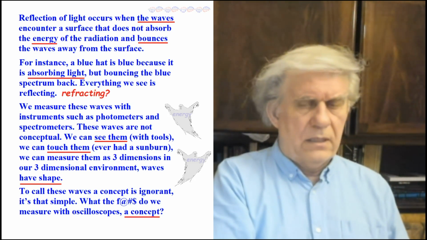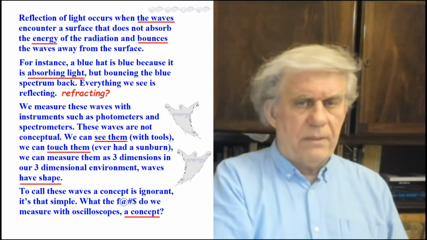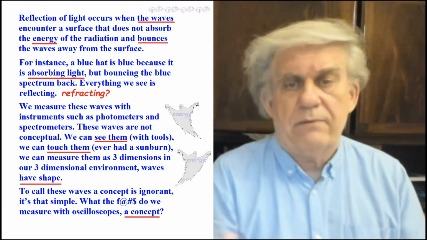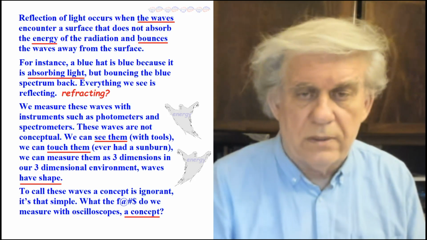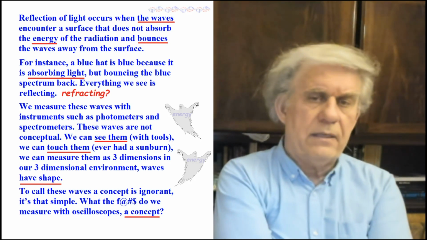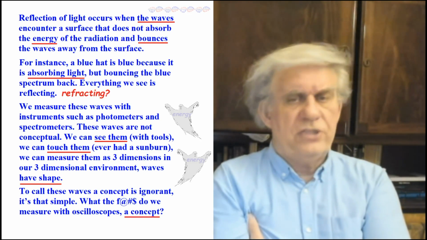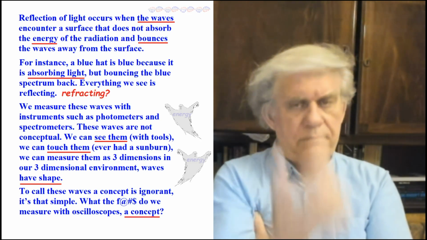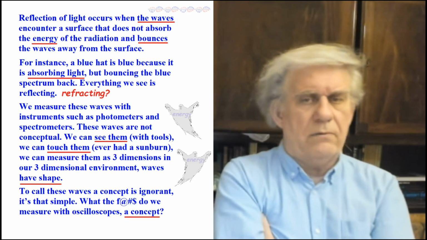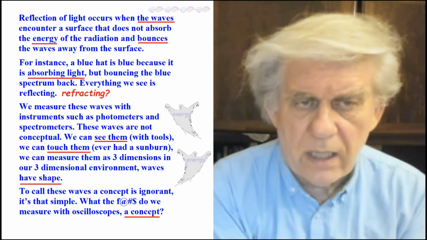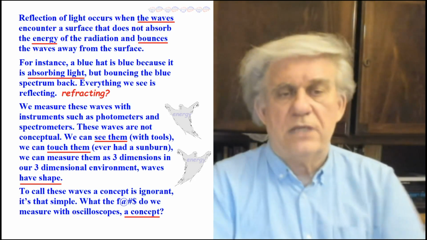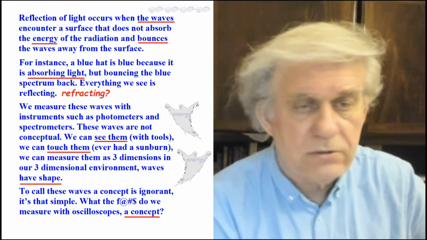Those are not the same thing. We call them something different. Reflecting is like when you're in a mirror, when you see yourself in a pool, like Narcissus the other day, right? But if the thing goes through and the fish sees you from underneath the water, well, your light is being refracted through that water, not reflecting. Okay, we measure these waves with instruments such as photometers and spectrometers.